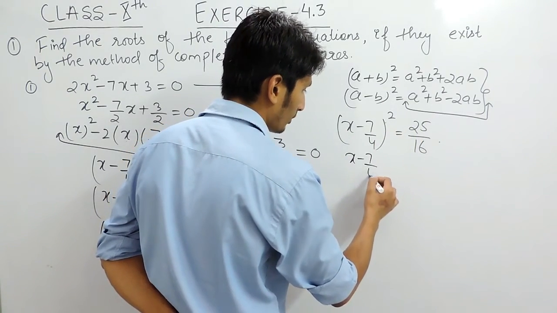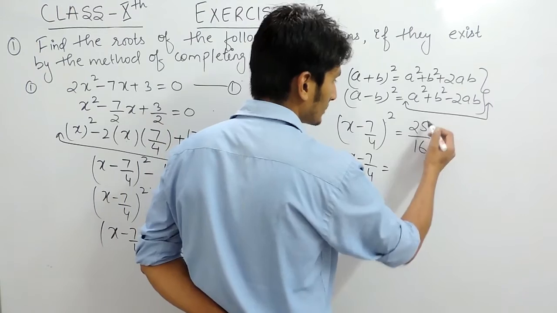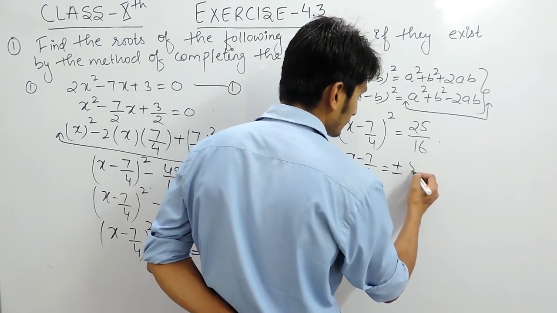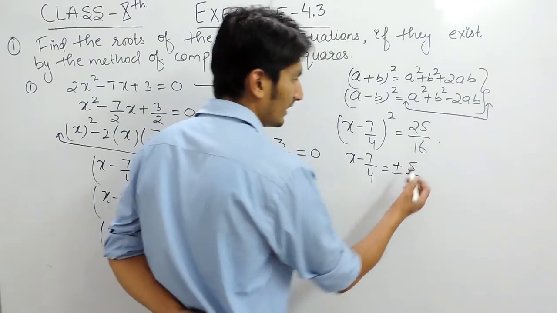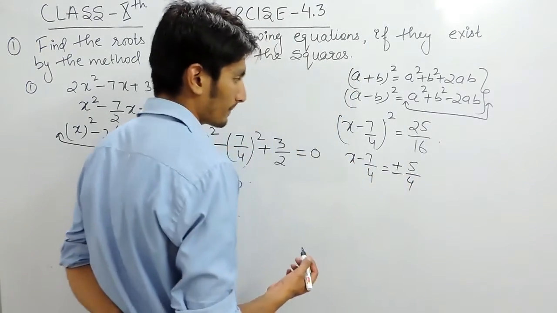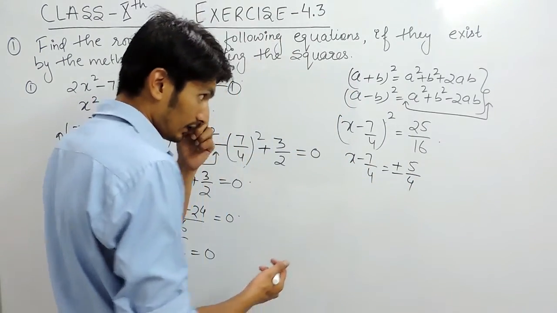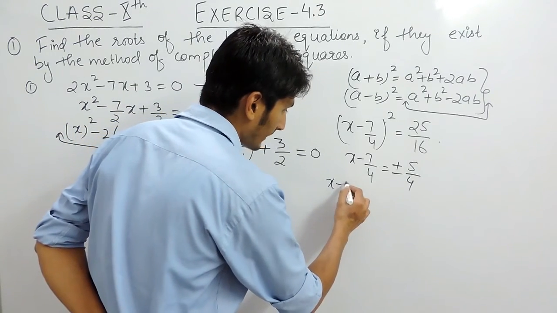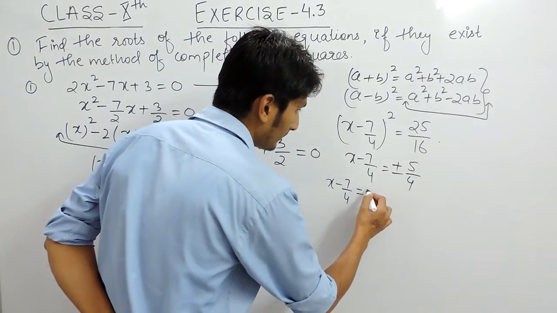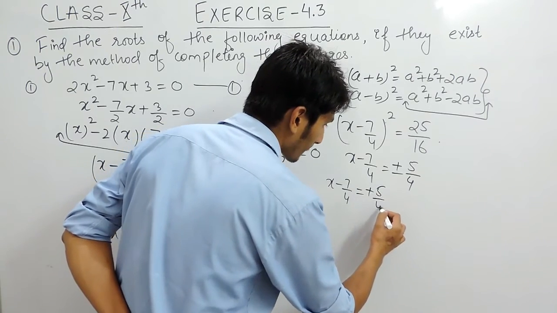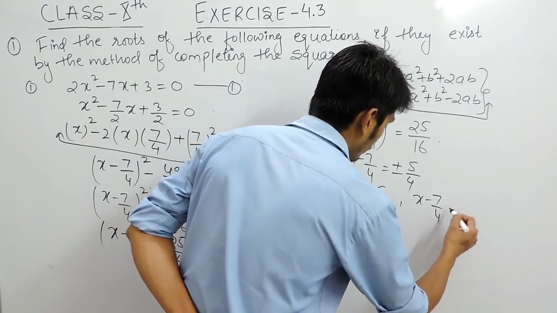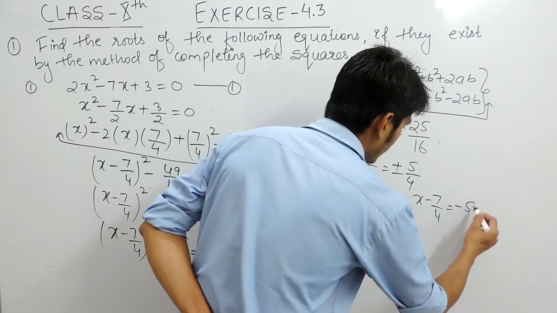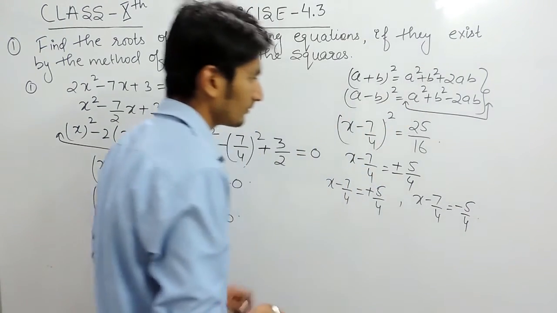So this will be x minus 7 upon 4, and the square root of the right side will be plus or minus 5 upon 4, because the square root of 25 is 5 and the square root of 16 is 4. So x minus 7 upon 4 can be plus 5 by 4, or minus 5 upon 4.